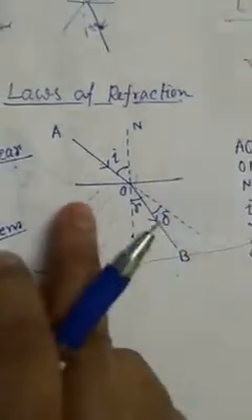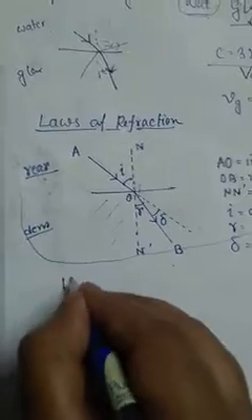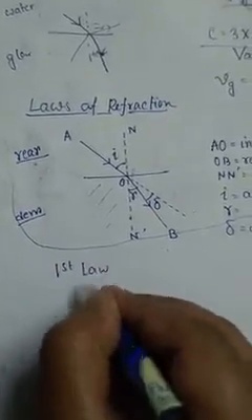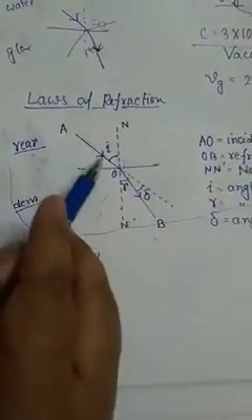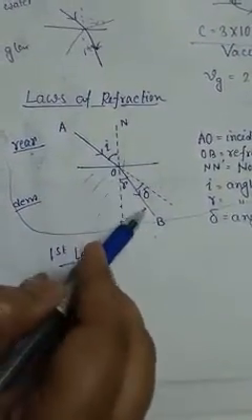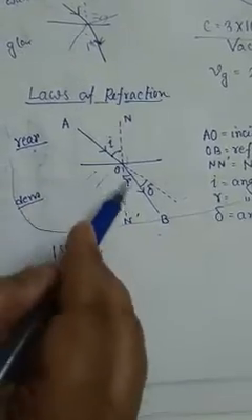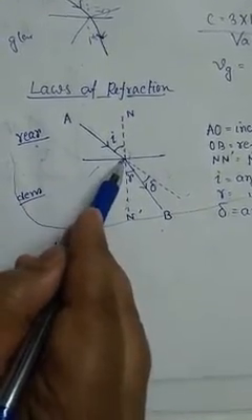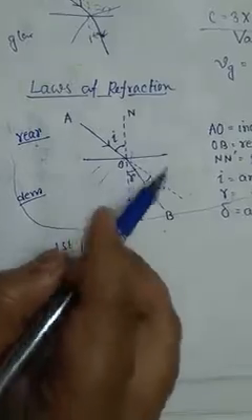Okay, now what is the first law of refraction? There are two laws, first law and the second law. So what is the first law? I'm not going to write the first law, this is available in book. Okay, the first law is the incident ray, the refracted ray, and the normal on the point of incident lies on the same plane.